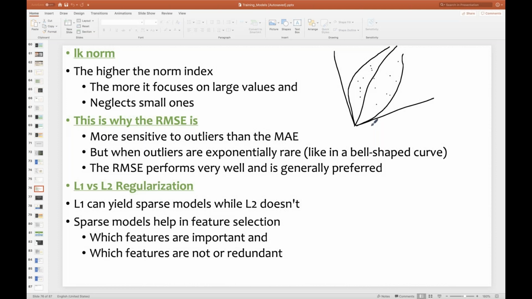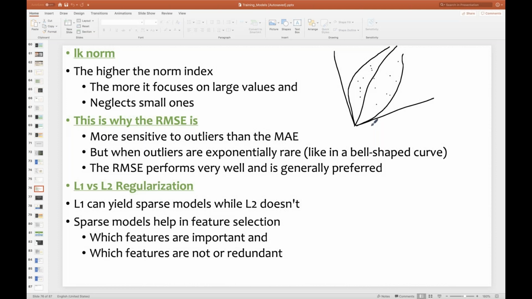L1 versus L2. L1 is for MAE, L2 is for RMSE, and you know the LK norm. You also understood why RMSE is better than MAE in some cases, because RMSE is more sensitive to outliers, and exponentially rare outliers are ignored. Now, sparse models have the same kind of properties in machine learning algorithms.